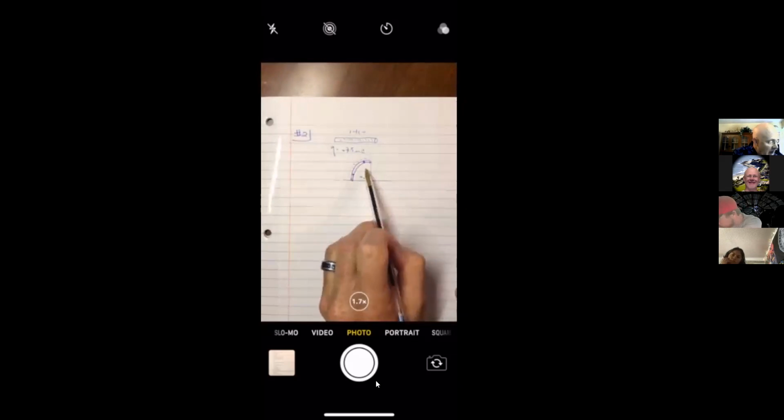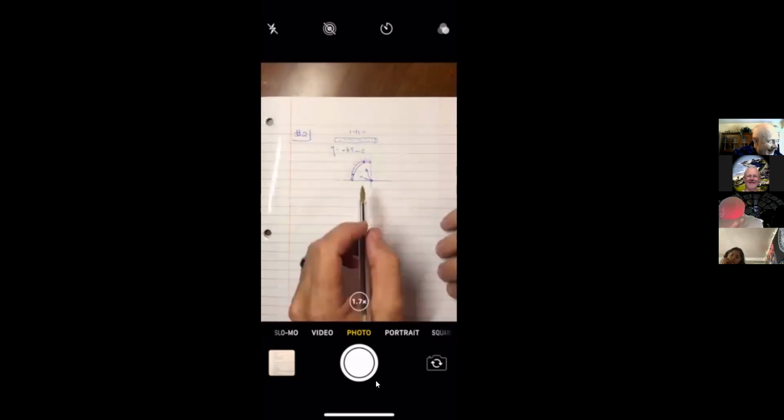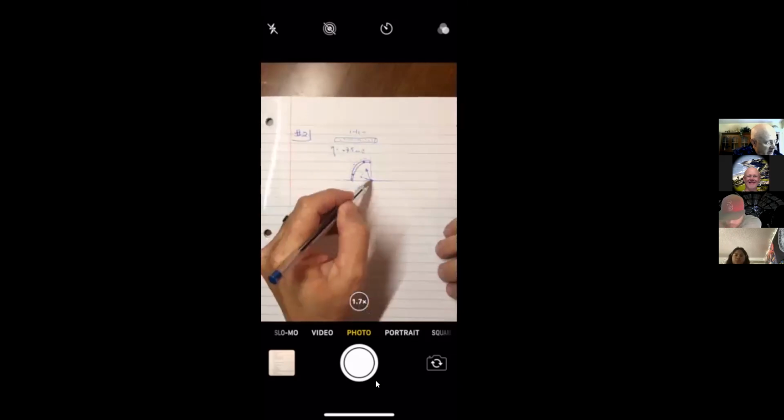And so when they all added up, there would be a symmetry about them along this 45-degree line.